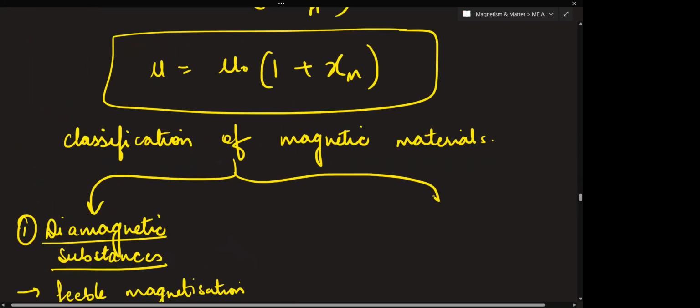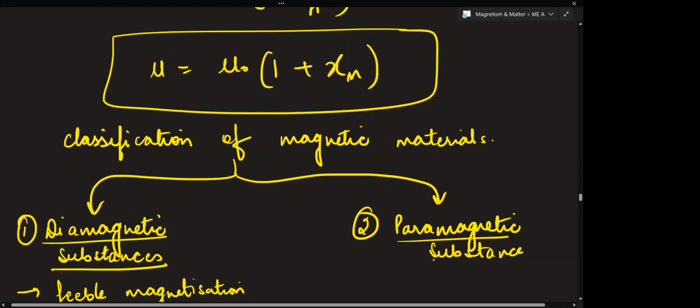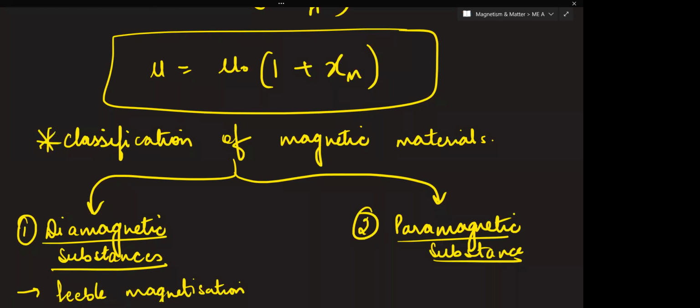Second substance that we get is your paramagnetic substance. Regarding this topic, questions on classification of materials come in exams, not only in your entrances, in your board exams also.